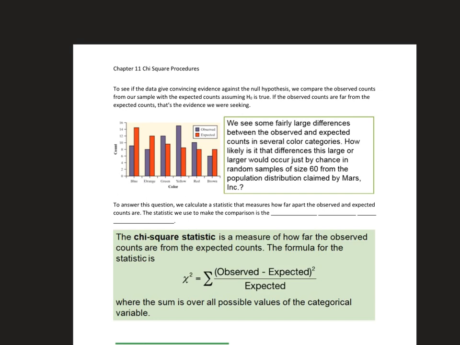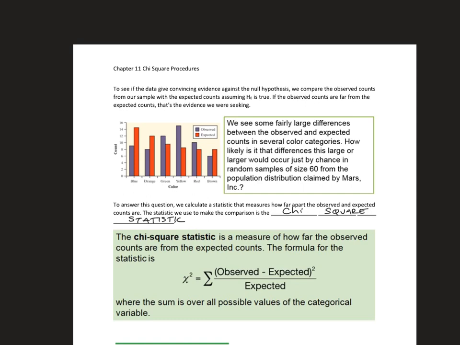To answer this question, we calculate a statistic that measures how far apart the observed and expected counts are. The statistic we use to make the comparison is the chi-squared statistic. The chi-squared is a measure of how far the observed counts are from the expected counts.